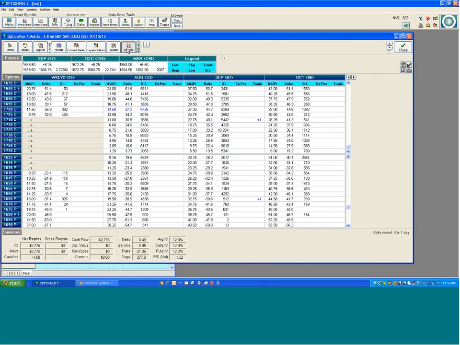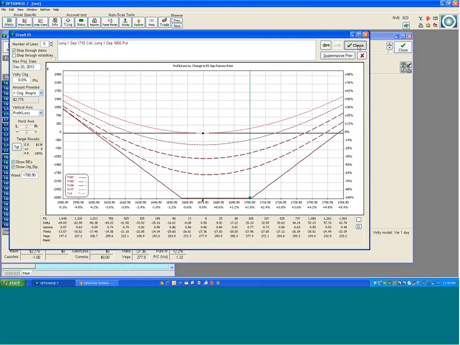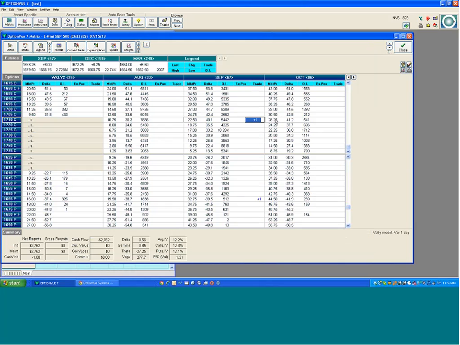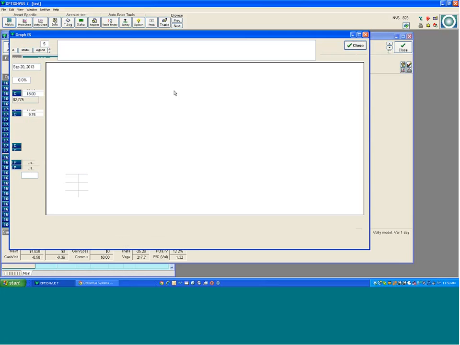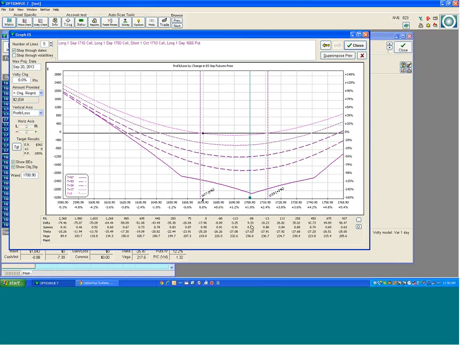So if the market rallied up to 1710, we would sell the 1710 in October and purchase the 1750 in September. That spread, long the out-of-the-money 1750 in September, short the at-the-money October 1710, is going to give us the negative deltas almost that we're looking for.